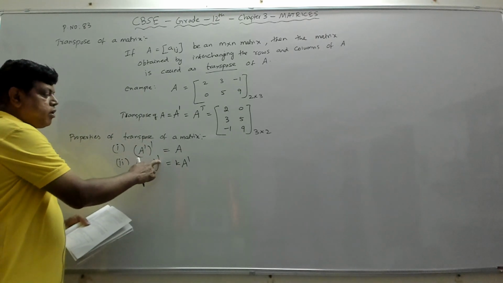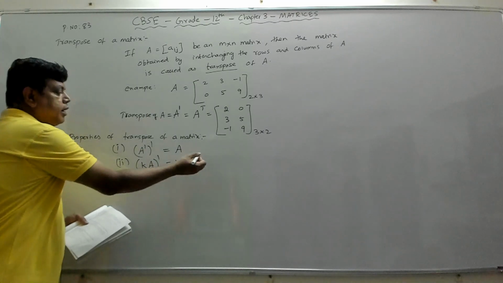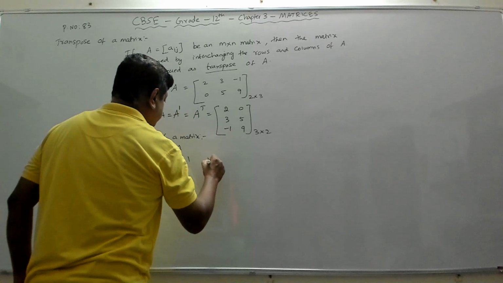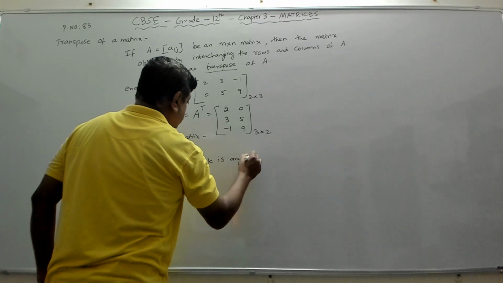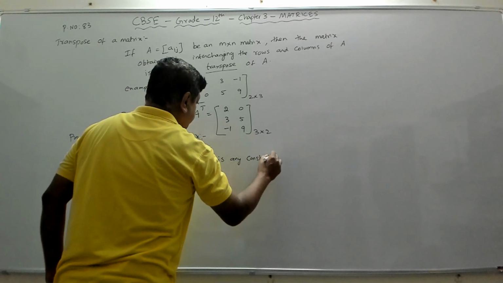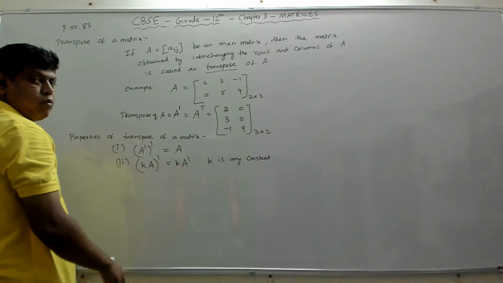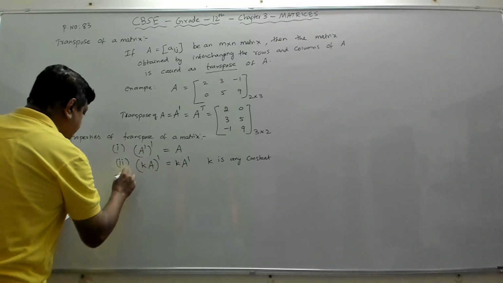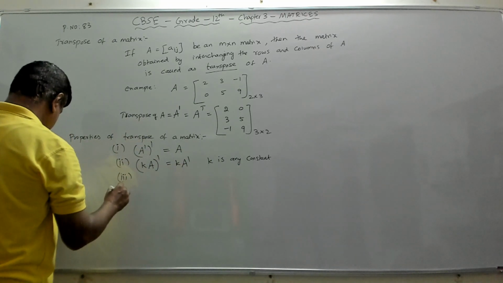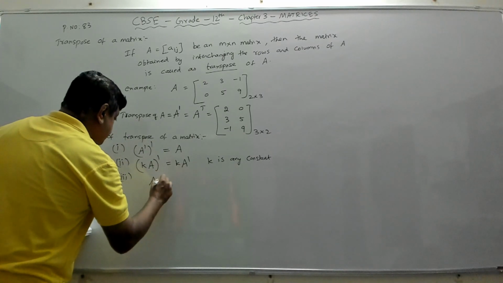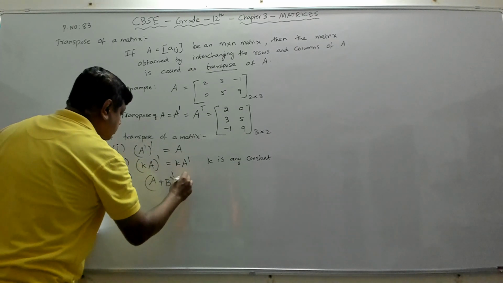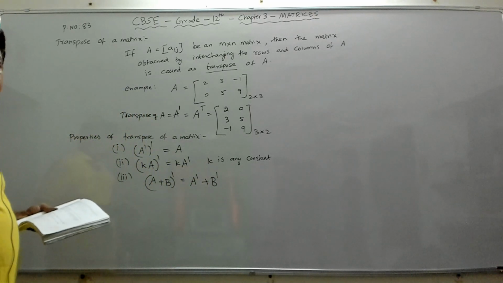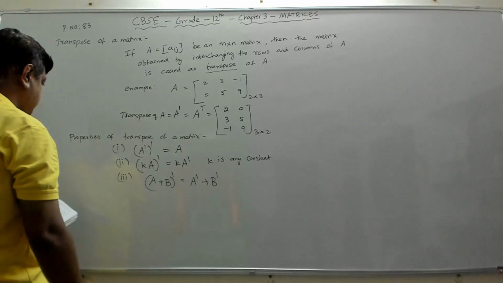K can be any constant like 2, 3, 5, or minus 3, anything. Now the third property: A plus B whole transpose will be the same as A transpose plus B transpose.